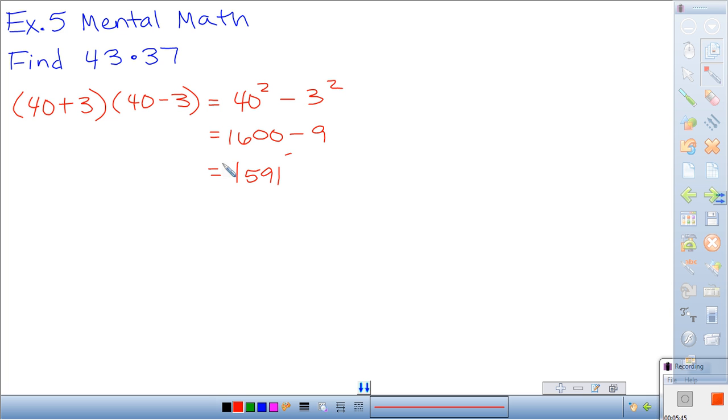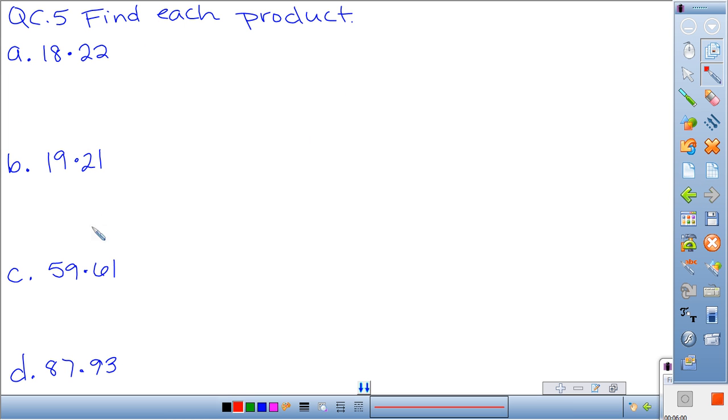All right, let's try some quick checks using that same method. So again, we're taking the two numbers that we're trying to multiply together, and we need to change them into these two binomials that have the same terms, where you're adding in one and subtracting in the other. So let's try it with these numbers here. 18 times 22. Well, I notice they're both really close to 20.